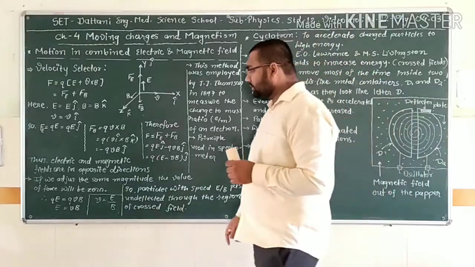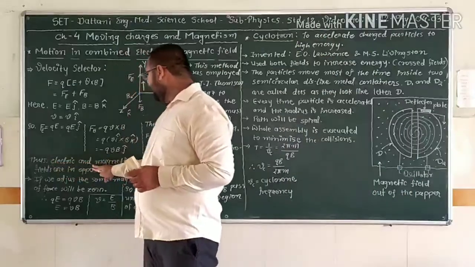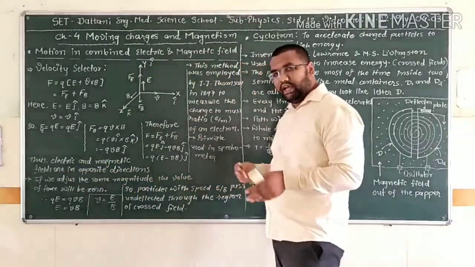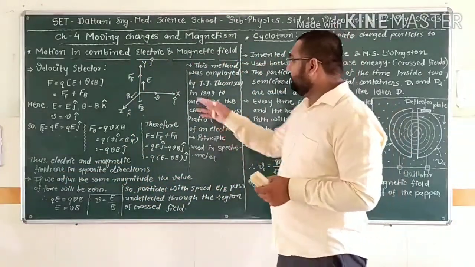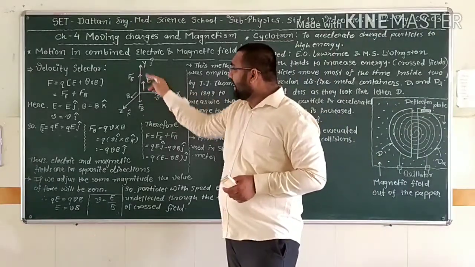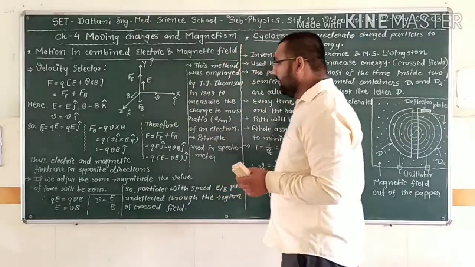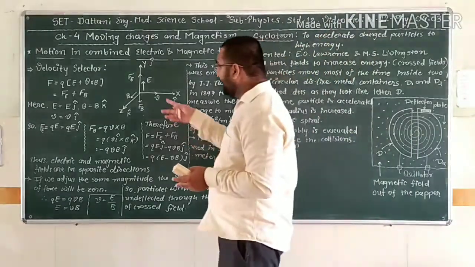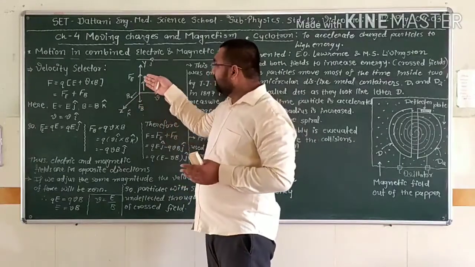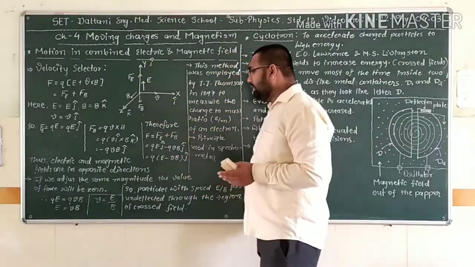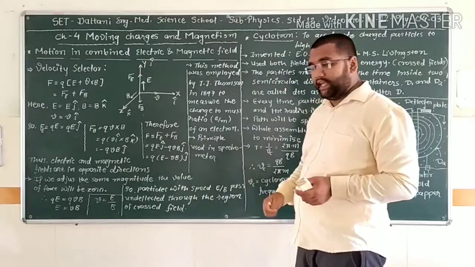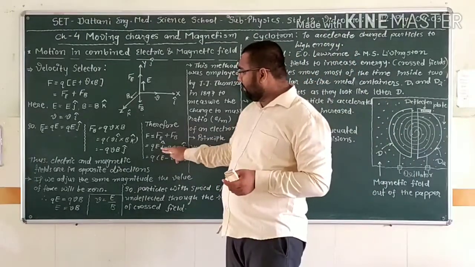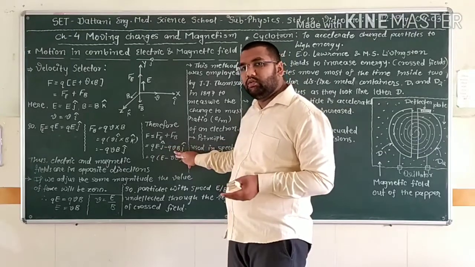So now, as the electric and magnetic forces are in opposite directions, if we adjust in such a way that the magnitude of the electric force and the magnetic force are the same, then same magnitude minus same magnitude equals 0.